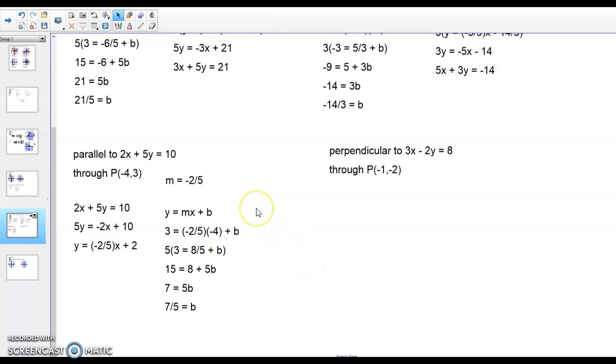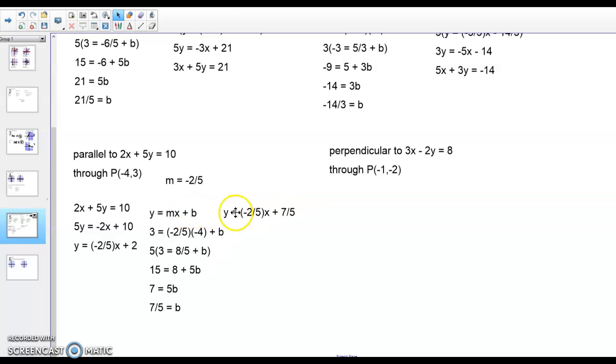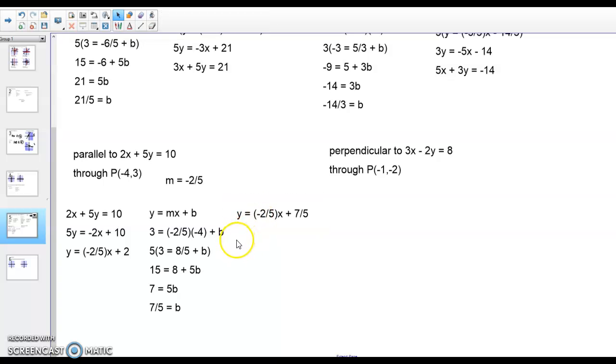So the equation of my line is going to be y equals negative 2/5 x plus 7/5. Now, if I want to put that into standard form, we're just going to multiply everything here by 5.